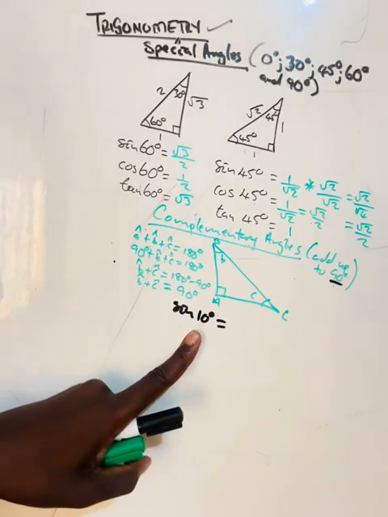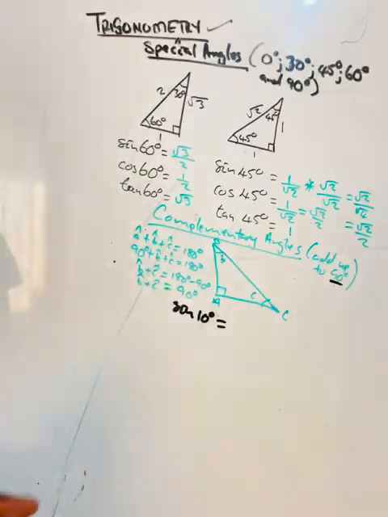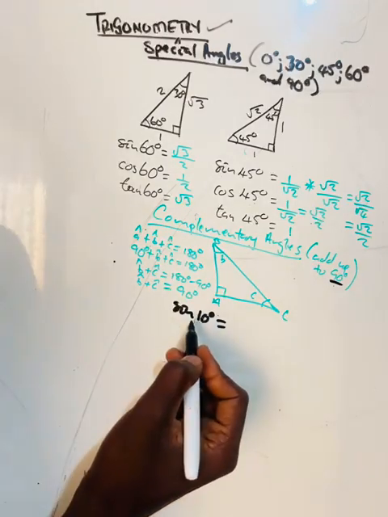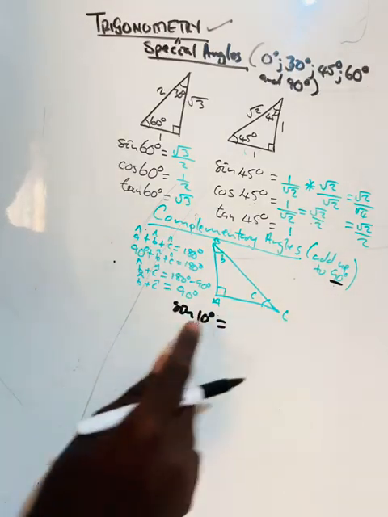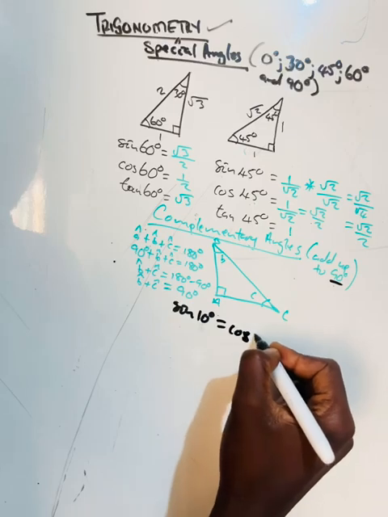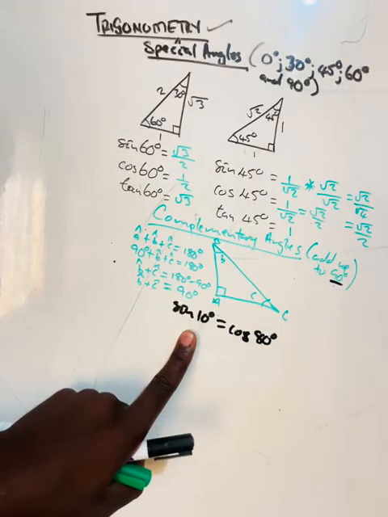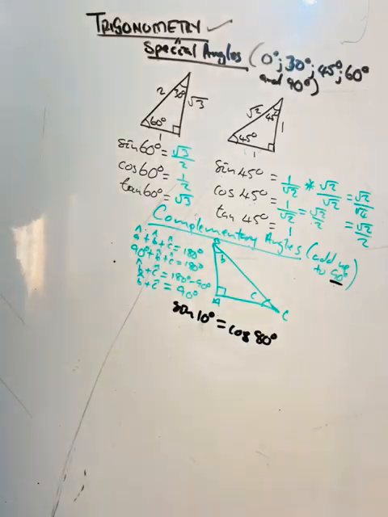But now what happens with sine and cos? Sine and cos, they are opposite each other. So if I'm left with 80 degrees, I now say that the opposite of sine is cos, so I write cos 80 degrees. The value of sin 10 degrees and the value of cos 80 degrees, let's find on the calculator.